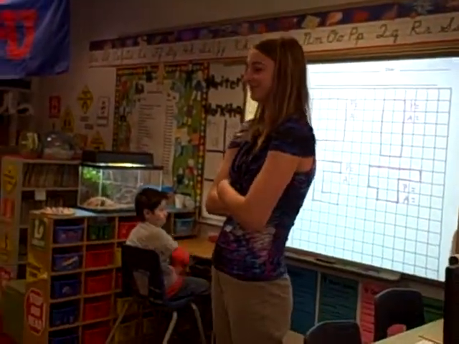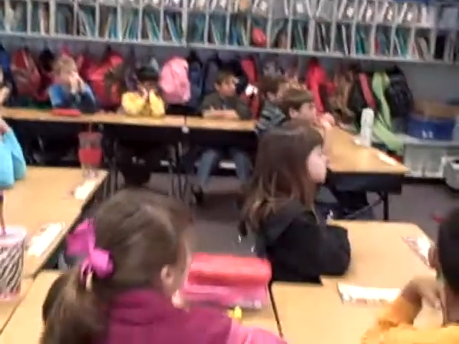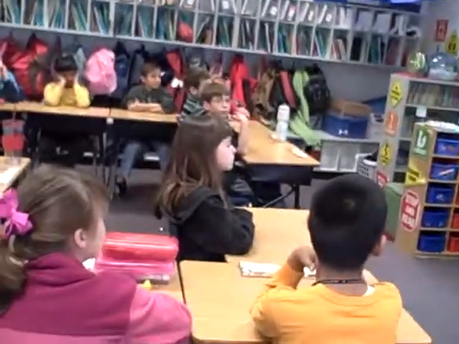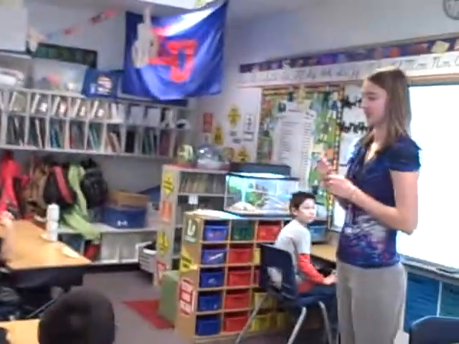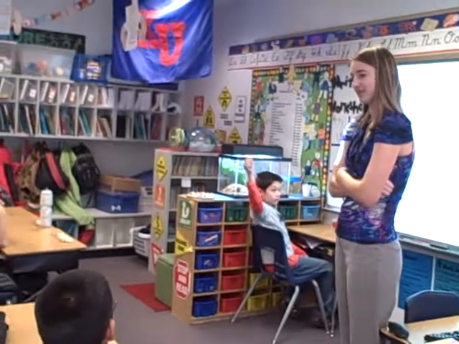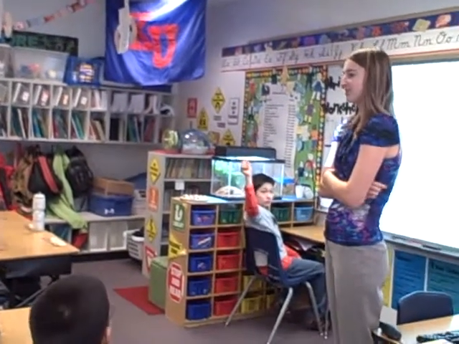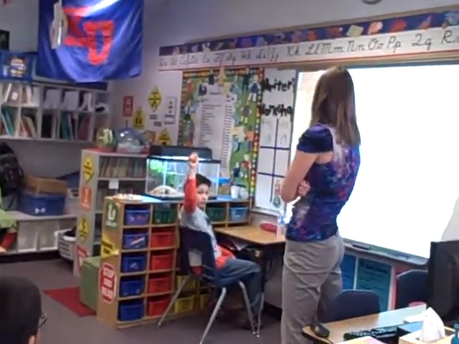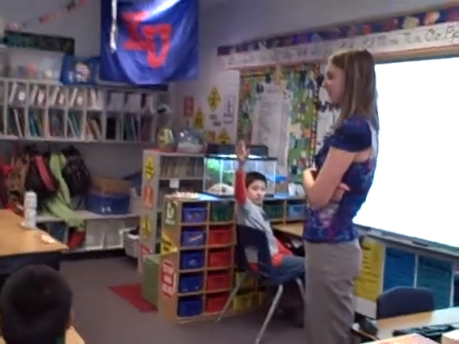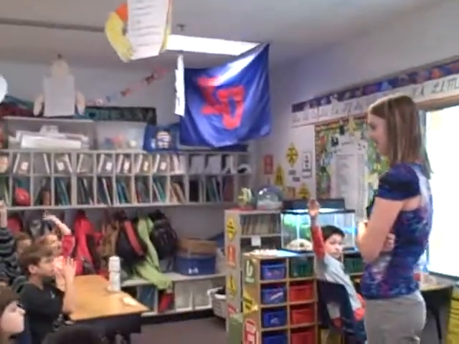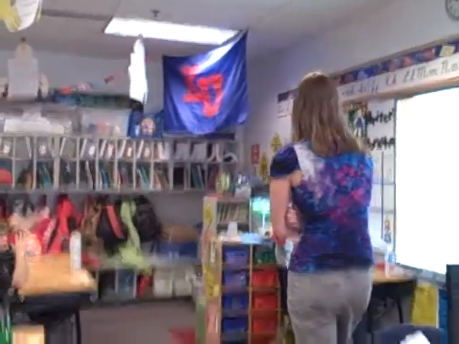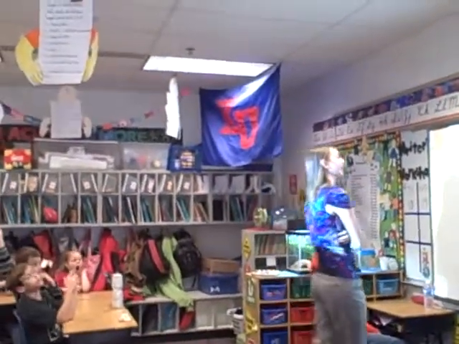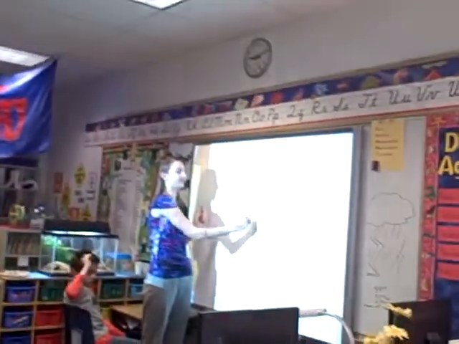Does anyone have a guess of how you find perimeter? Ainsley? Count the squares. Count the squares, all of them? When you're finding area, what squares do you count? Kylie? The ones inside the shape. Yeah. When you're finding perimeter, you're going to count the ones on the outside, all the way around the border.